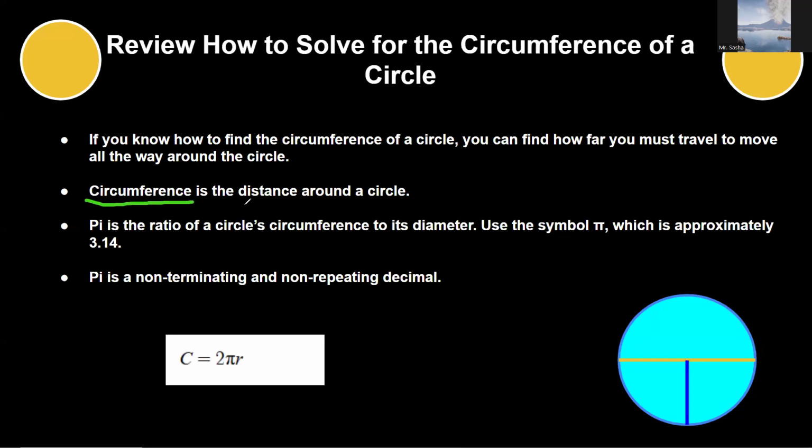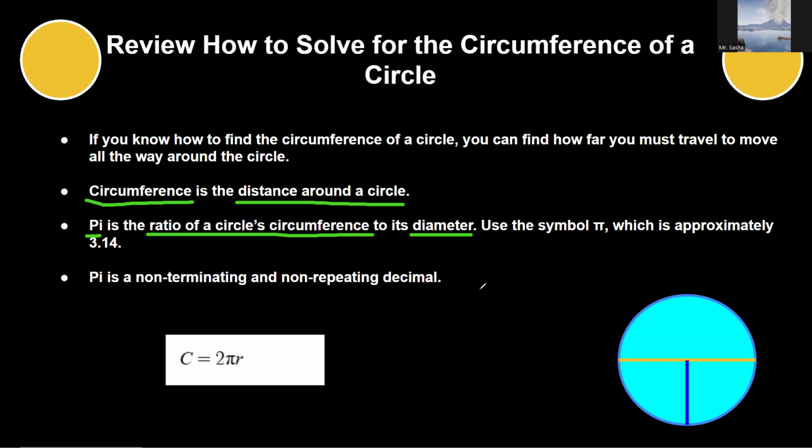Circumference is the distance around a circle. Pi is the ratio of a circle's circumference to its diameter.